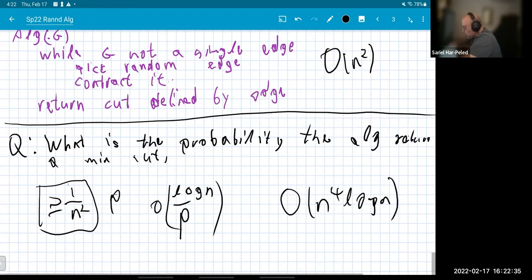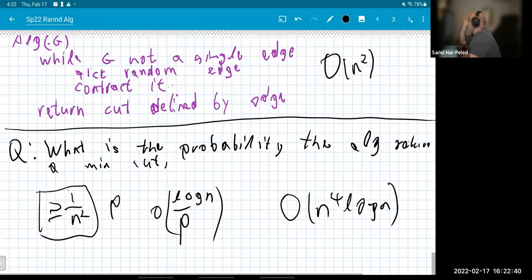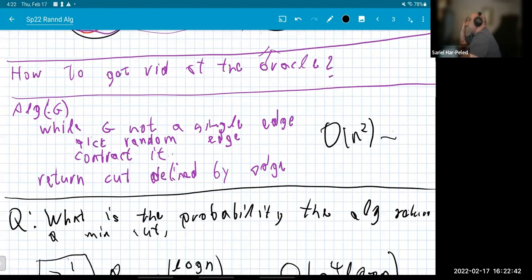What does this mean? I'm running this top algorithm here n squared log n times. Every time I run it, it's going to return a cut. And for every cut that it returns, we can check how many edges there are in this cut. We repeatedly do it, right? So we get a large number of cuts.